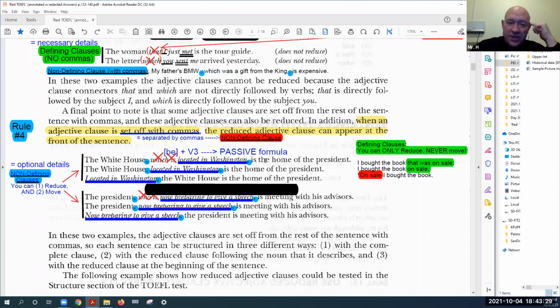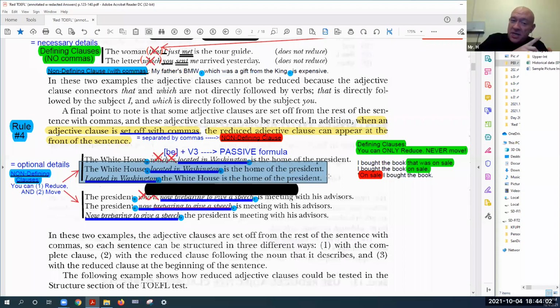Yazan, read the third example. Located in Washington, the White House is the home of the president. Now let's compare the second and third examples. We moved located in Washington to the beginning of the sentence. It comes at the beginning, and you must have one comma.